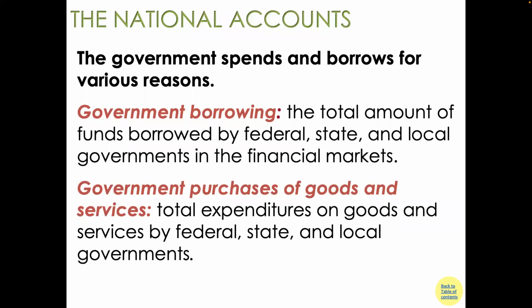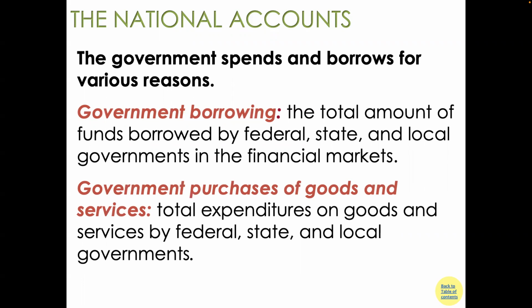Now we go to the government. You have government borrowing and you have government purchase of goods and services. Government purchase of goods and services is different from government transfer. With a government transfer, no good or service is required in return. But with government purchase of goods, the government pays and, as a return, acquires some goods and services.